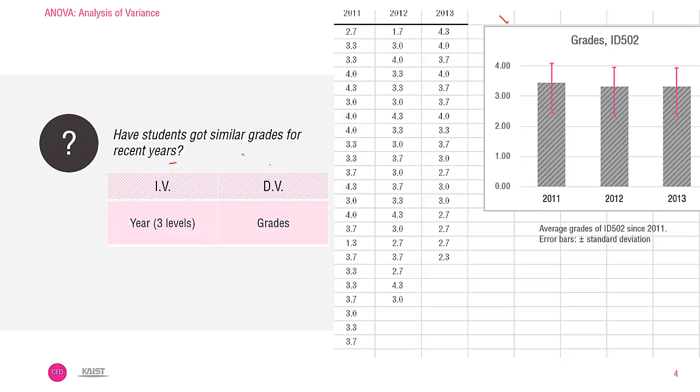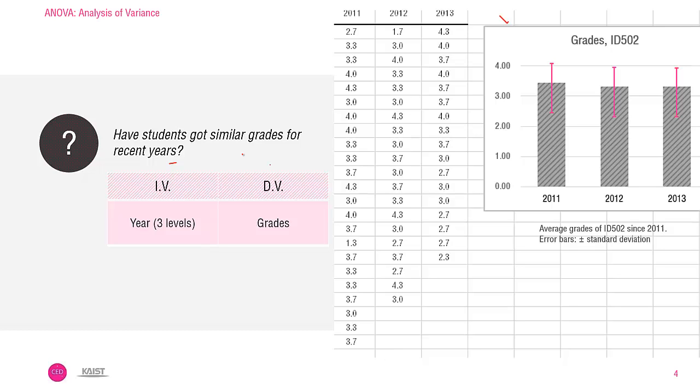So what statistic is appropriate to test whether students have received similar grades for recent years? The first hint is the independent variable and dependent variable is 1. So both variables are 1.